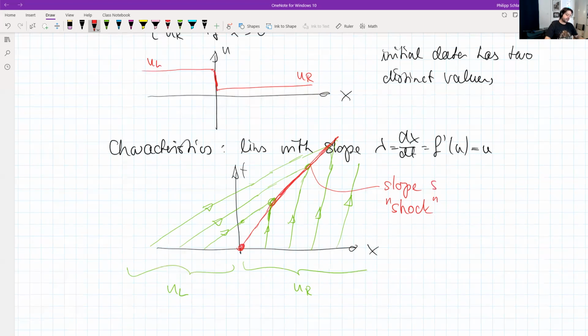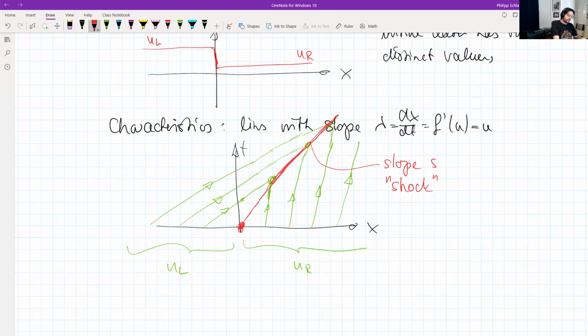So what you see from this graph is that what happens really is that the discontinuity that was located here at 0, remember, this was the discontinuity at 0 at first, is essentially just traveling from 0 with a certain speed to the right.